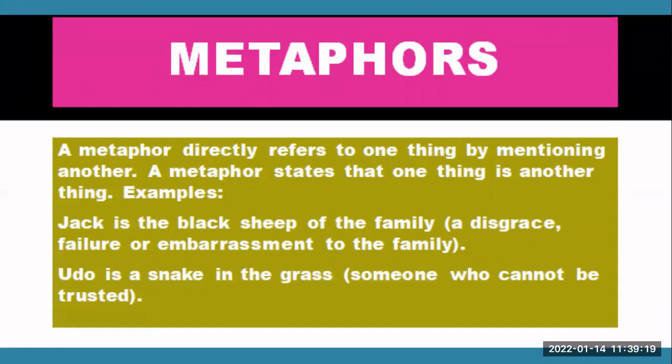You are using some qualities in the snake to describe Udo. So you have to understand that an idiom in most cases is metaphorical. In other words, we are using an idiomatic expression to stand for something else.